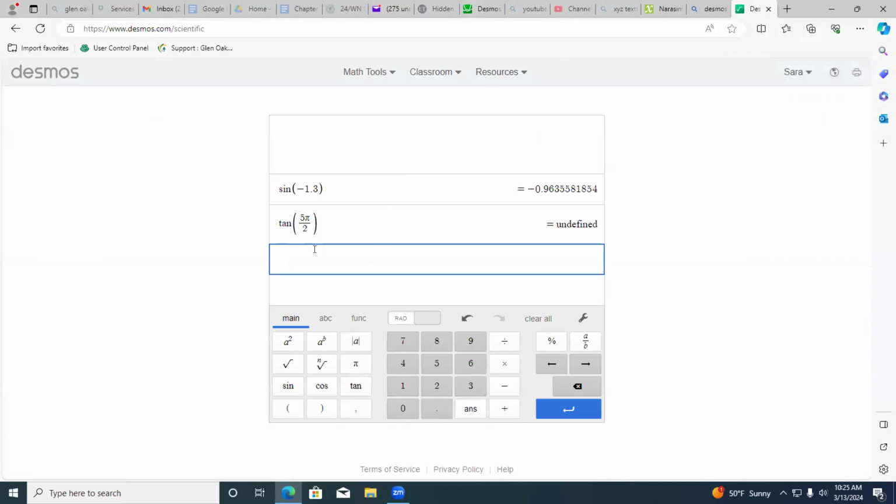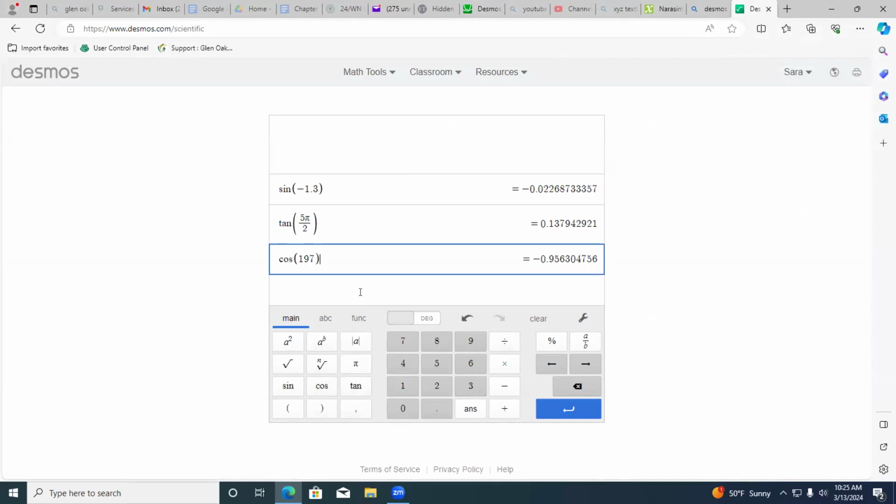And here we are. So I'm going to take the cosine of, and I have to turn this into degrees. So there, I'm in degrees. So 197. And that is a negative 0.9563.